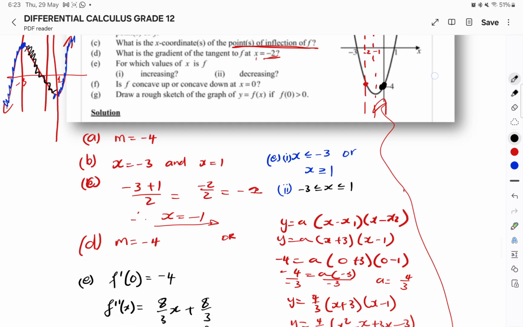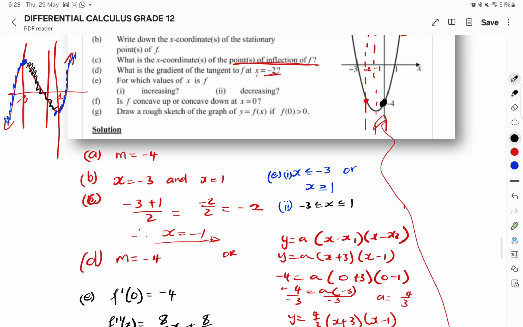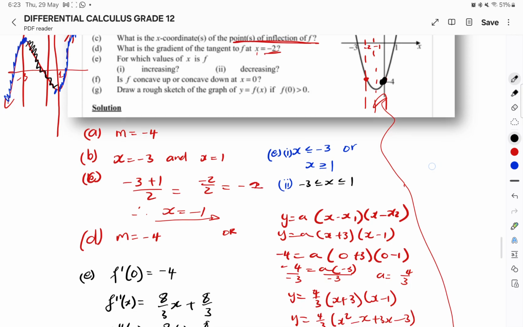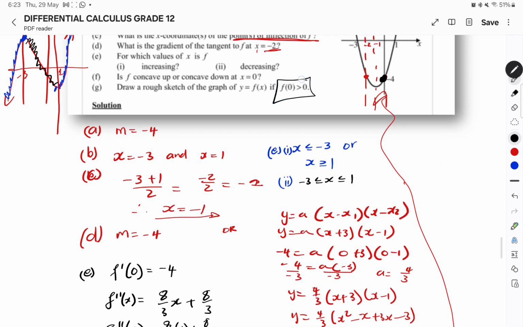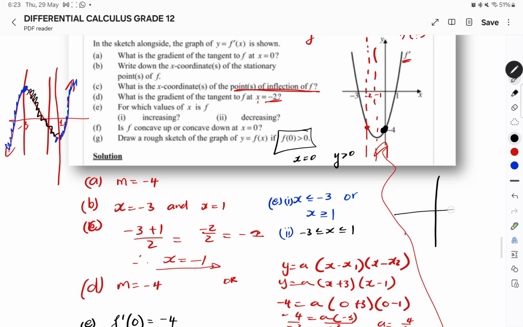Good. Now we move to number G. Draw a rough sketch of the graph if the second derivative is greater, f of x at 0 is greater than 0. Meaning if x equals 0, the y will be greater than 0. So we can have a graph.